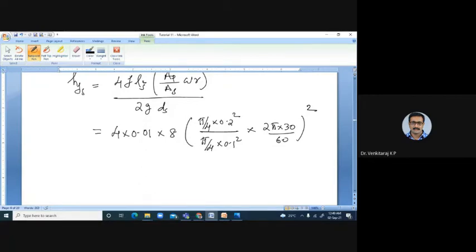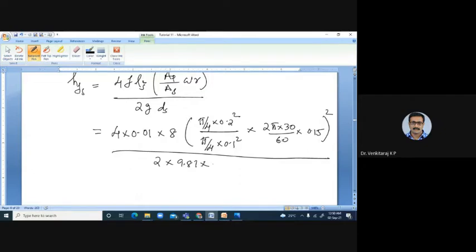Omega into R. So this into R value it is 0.15 square divided by 2 into 9.81 into ds.